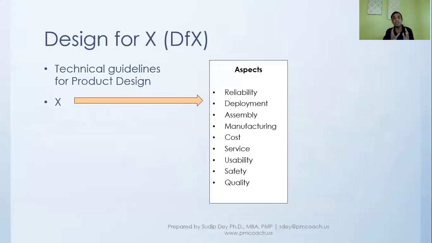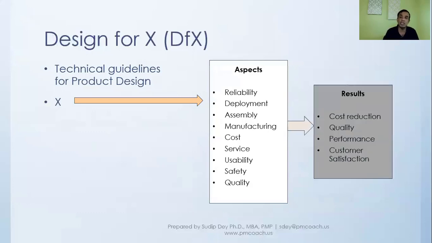So when we are using these guidelines with those particular aspects in mind, and we look at different aspects as we do the design, we get different positive results. We can get cost reduction, improved quality and performance, and customer satisfaction. But the whole focus of this approach is that we are designing right at the start, with a very specific focus on these different aspects.